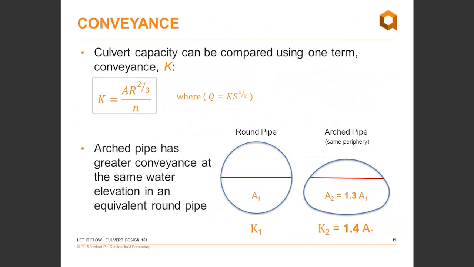But it's not just the area that influences conveyance, right? It's also the ratio of the amount of water to the surface area in contact with the pipe. So what we end up with is a pipe shape that can be much more efficient than a round one, flowing partially full. And this is the shape that is cherished by hydraulic engineers everywhere.